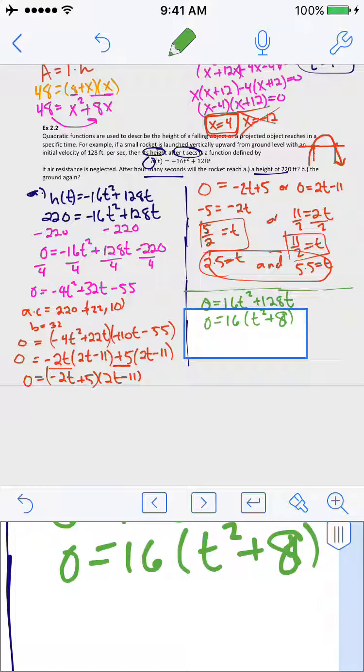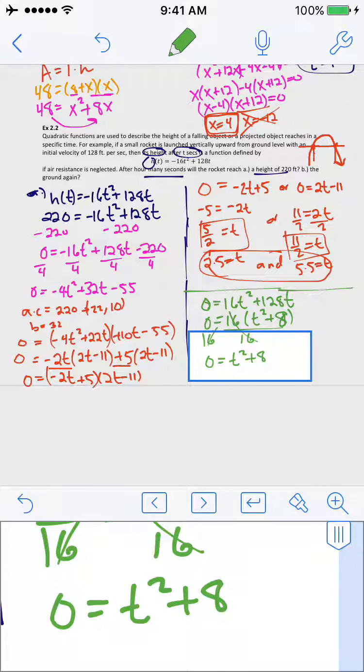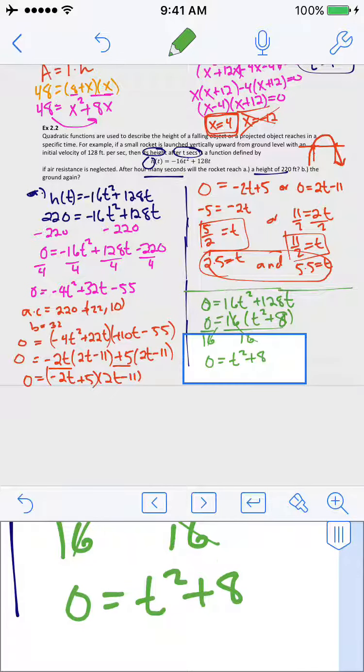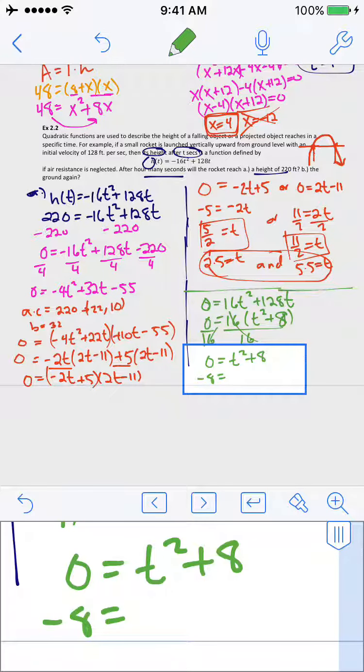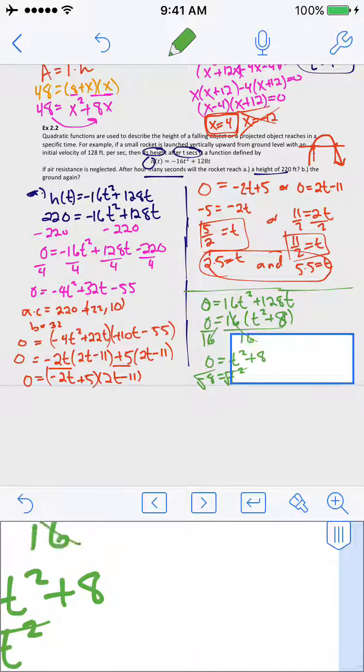And instead, I will divide the 16 to both sides. Those go away. I get 0 is equal to t squared plus 8. Subtract 8 from both sides. And then I can get rid of this exponent by taking the square root.